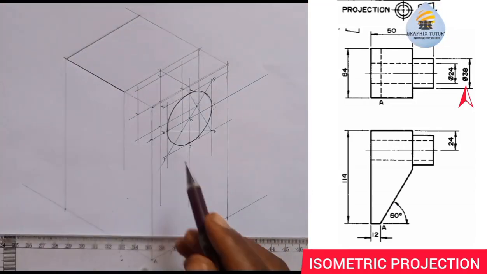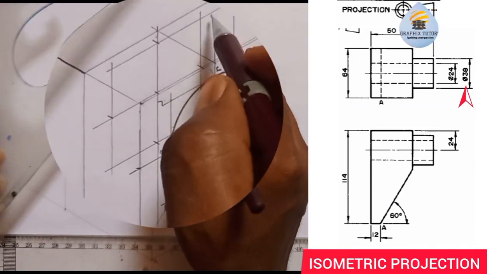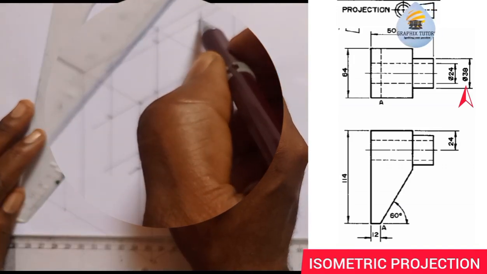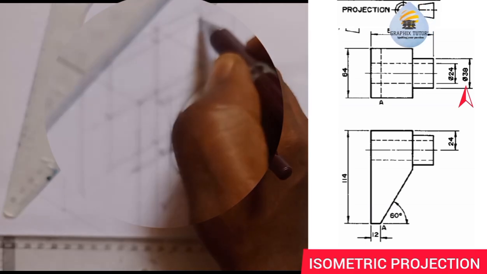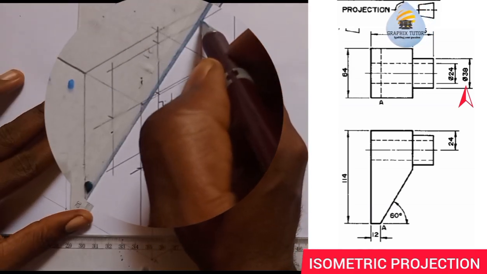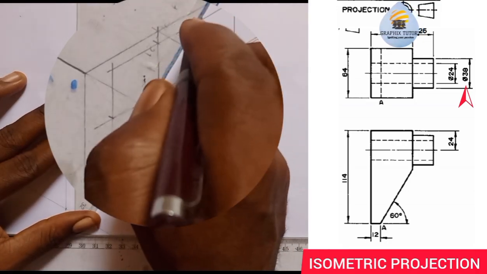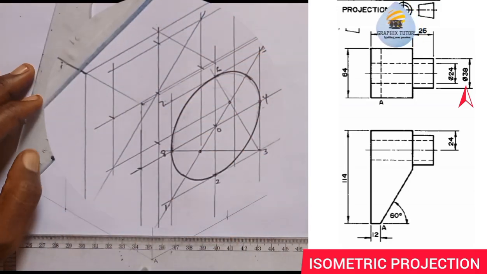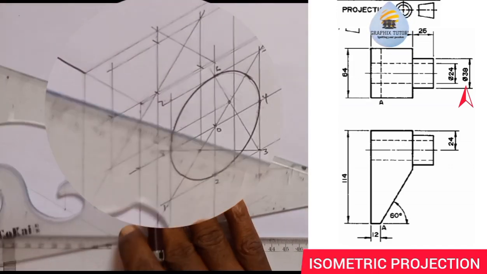So now join the diagonal. You see that it's forming a box here. So you join the diagonal, these two diagonal here. Right? These two diagonal here. Hope you can see that. And you transfer the point.